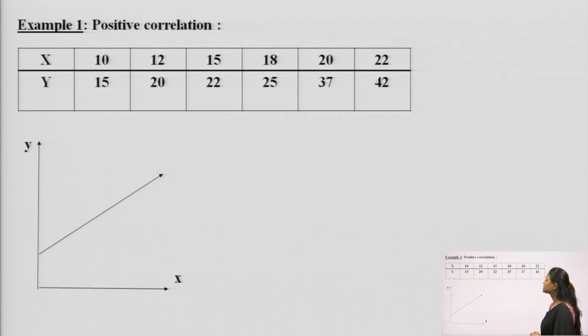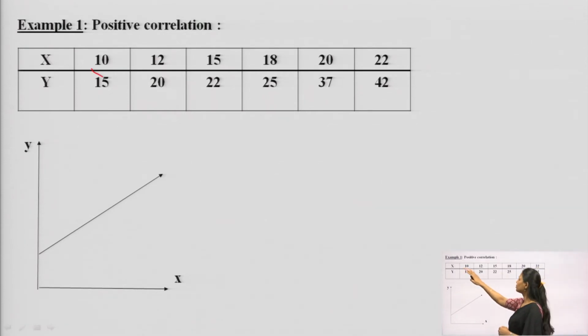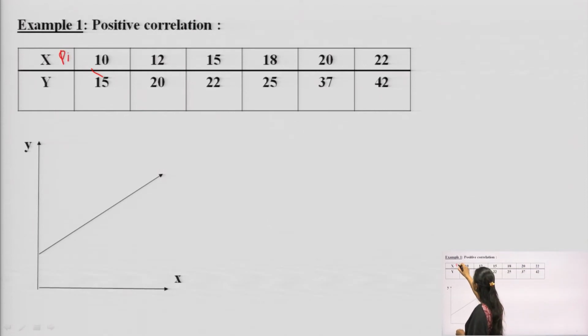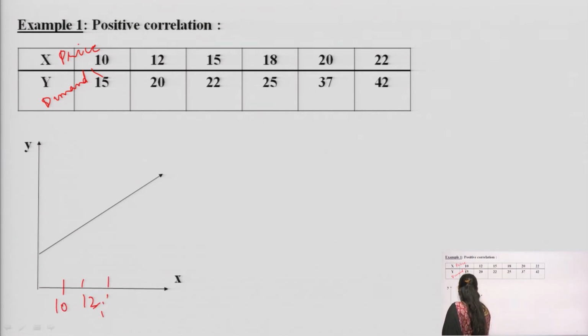For example, when we are talking about a positive correlation, here we have taken a small table in which the x axis shows us the different values. We can say here the price and this is the demand. The price shows 10, 12, 15, 18, 20, 22.